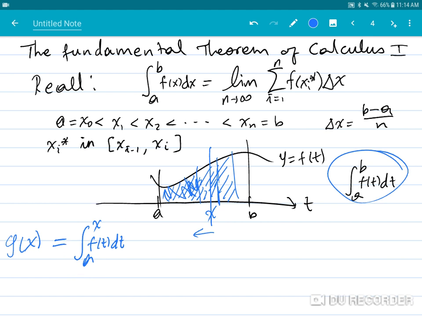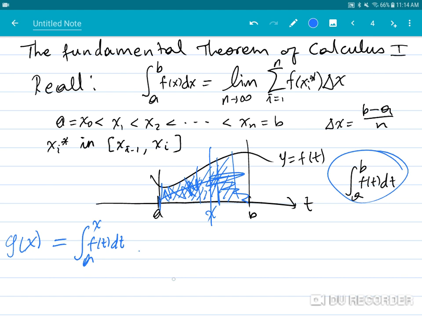For instance, g of a is 0, because g of a is the integral from a to a of f of t dt. This is just an example. And g of b is the whole integral from a to b. Different values of x give us different values of this integral, so call it g of x.